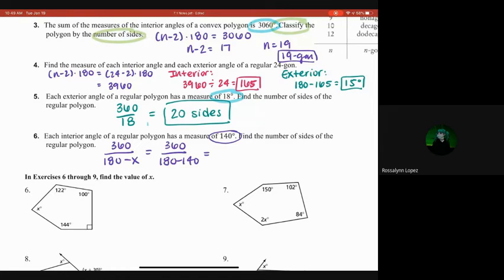So if your interior angle is 140, isn't your exterior angle just 40, right? 180 minus 140. So 360 divided by 40 would be 9. So 9 sides. Again, the formula is just a suggestion of steps you should take. You don't have to necessarily use it in that exact context. I personally think it looks easier to just do 180 minus 140, and then take 360 divided by 40. You can do it as two completely separate steps. Any questions or concerns through 6?